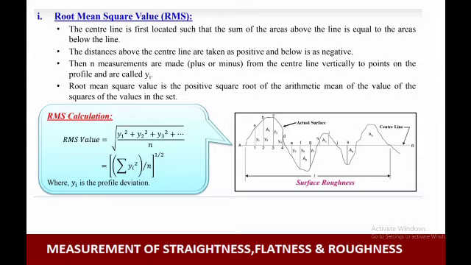Root mean square value is the positive square root of the arithmetic mean of the squares of the values in the set. We'll see the formula. RMS value is equal to the square root of y1 squared plus y2 squared plus y3 squared plus ... yn squared, divided by n, where y sub i is the profile deviation.